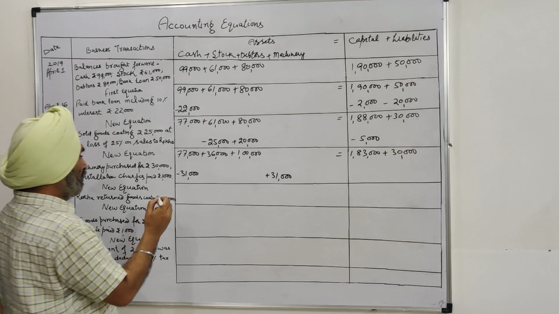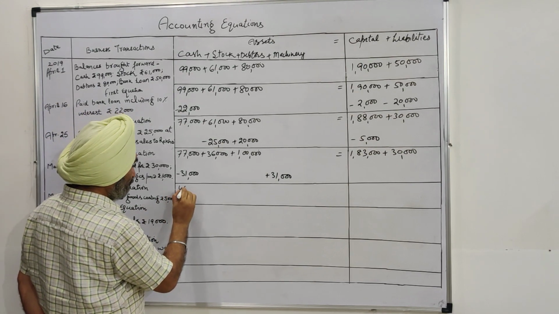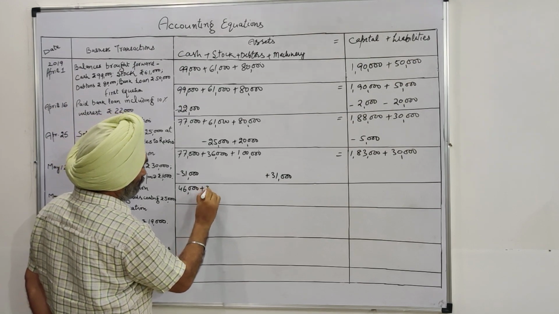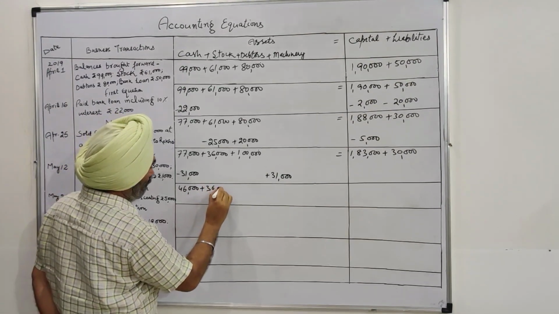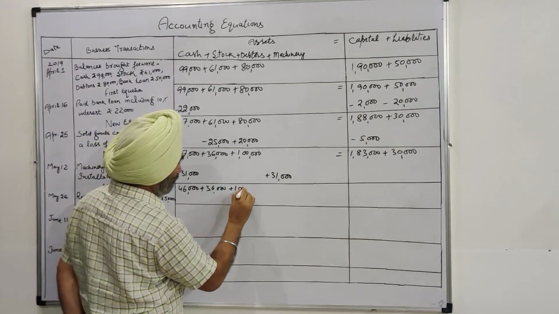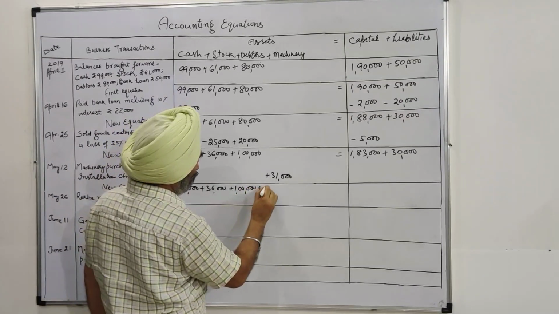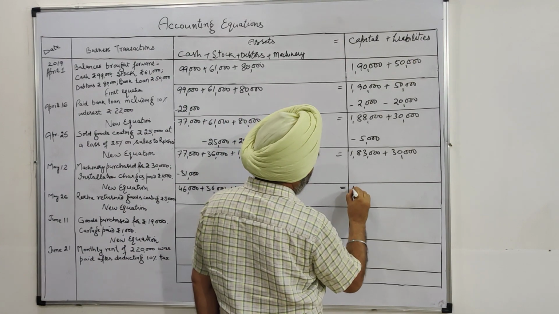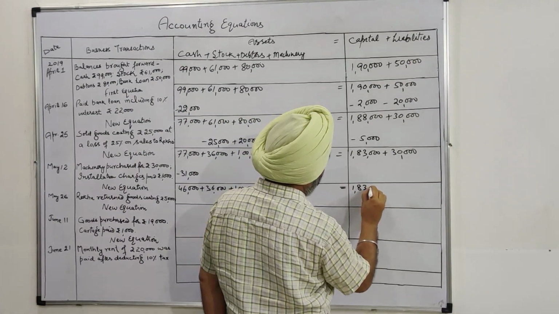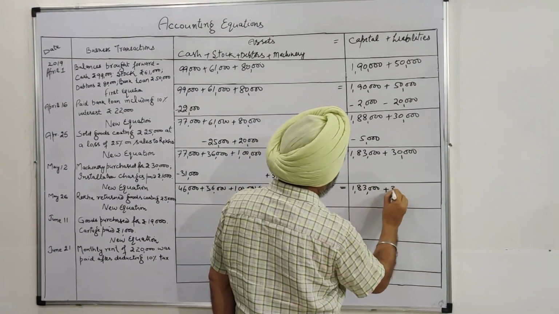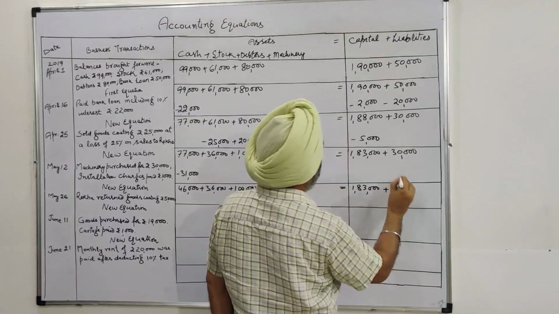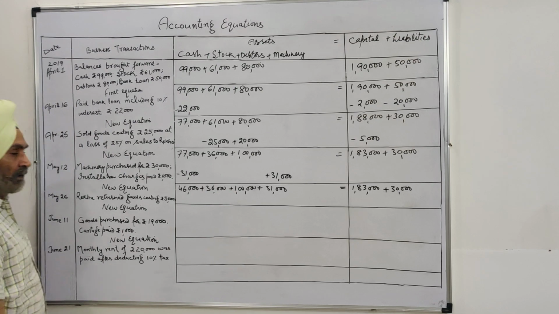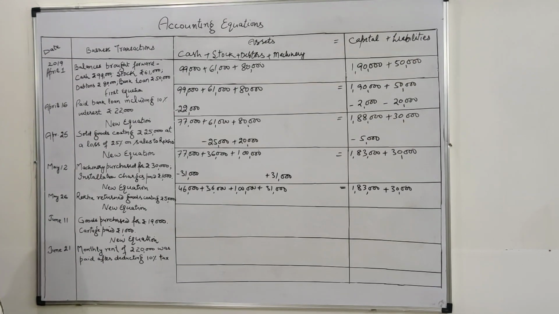So our new equation will be 46,000 cash, stock 36,000, 1 lakh will be our debtors, 31,000 will be our machinery, and 1,83,000 will be our capital, and 30,000 will be our liabilities, 2,13,000 and 2,13,000 on this side.